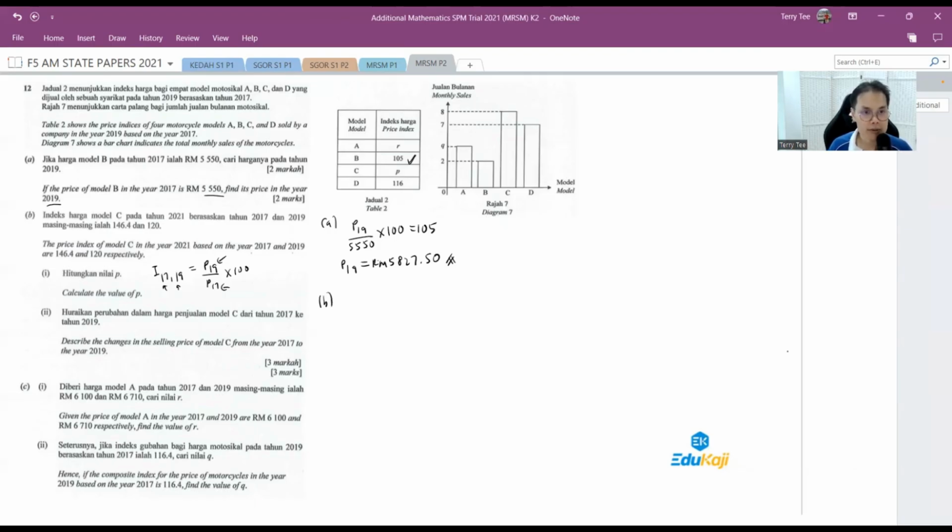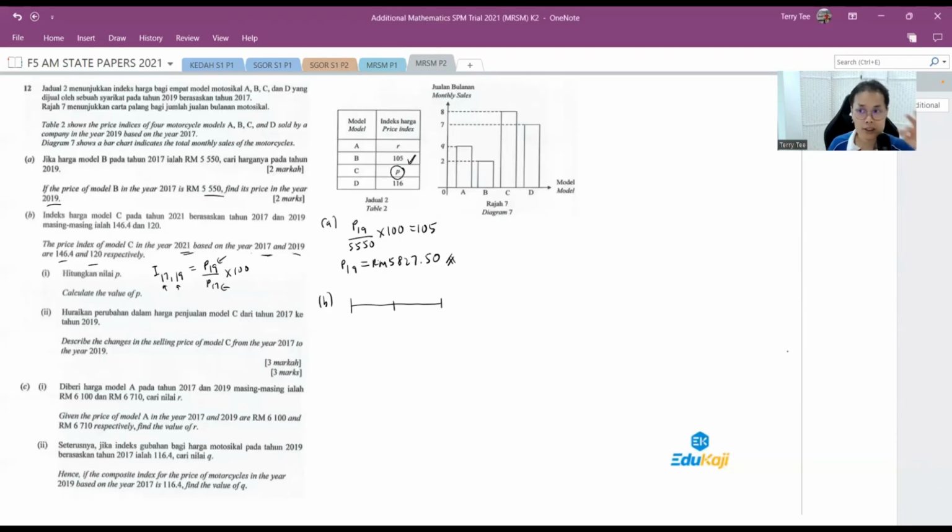The price index for model C in the year 2021, based on 2017 and 2019, are these two. If you look at model C, this is the price index. They gave us the price for 2021 based on 2017, and 2021 based on 2019. Now, in this case, we have to use what we call the simplified chain rule. I'd like to represent it on the diagram because it's easier to understand.